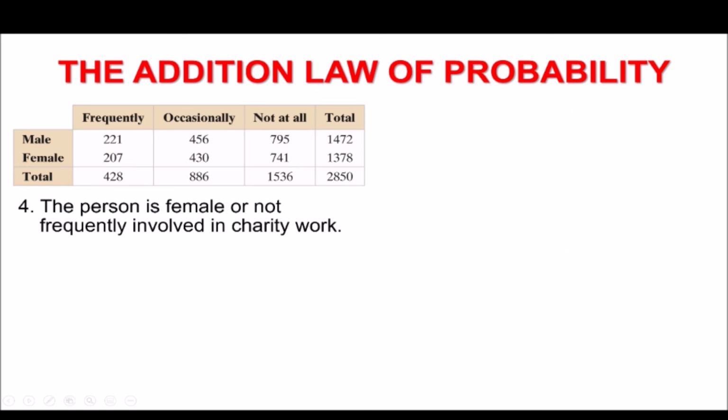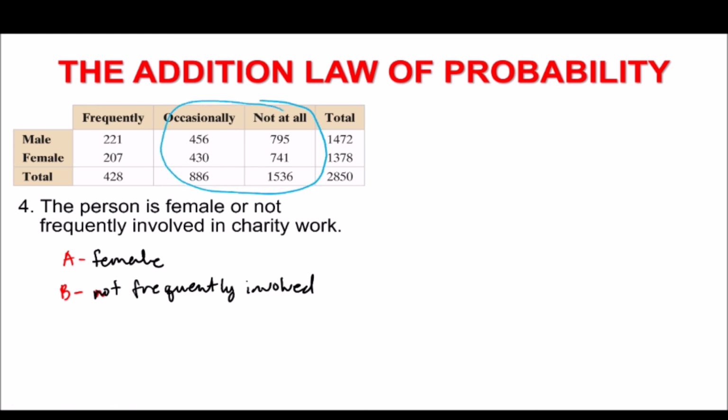Okay, so last question. The person is female or not frequently involved in charity work. So there are two events. Event A, the person is female. Event B, the person is not frequently involved in charity work. Not frequently involved means the person might be occasionally or not at all involved in charity work.